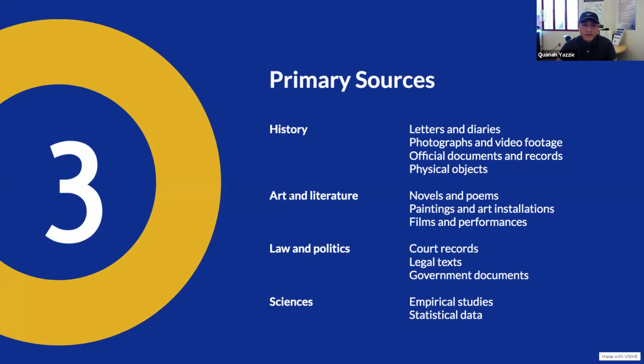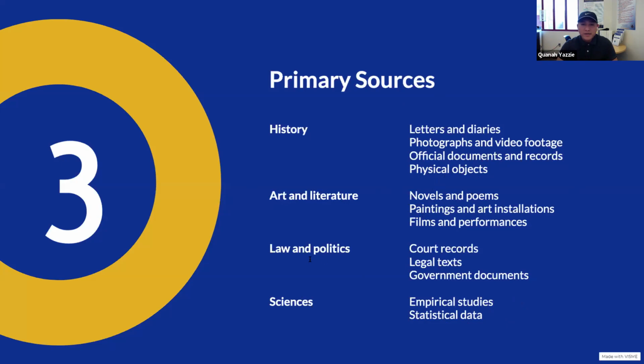Within art and literature, you can use things like novels and poems. This whole relationship on the right is just actual objects and actual data that people have produced themselves. And I'll show you the relationship of how primary sources relate to secondary sources.